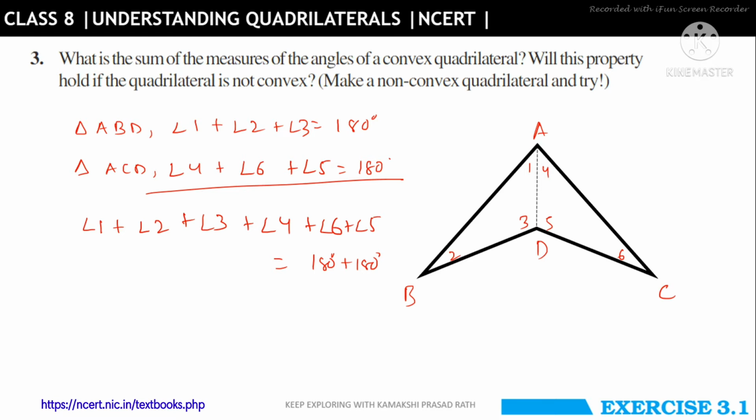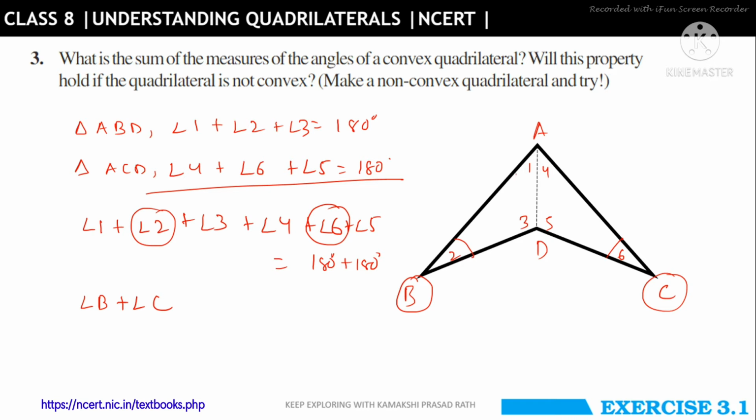Now you can see angle 2. What is angle 2? Angle 2 is nothing but angle B, and angle C is nothing but angle 6. So C and 6 are both equal. So here we have already got angle B and angle C. Now the remaining is angle A.